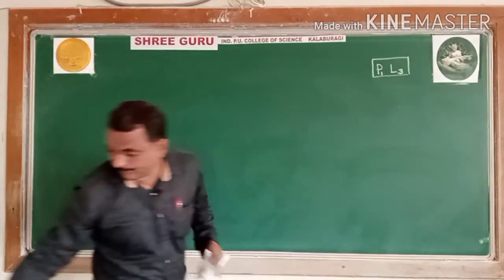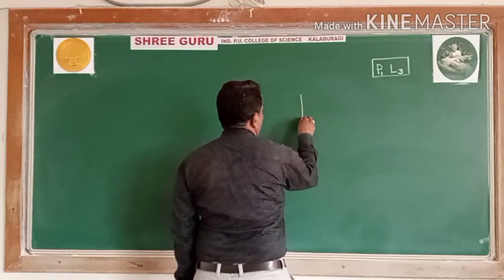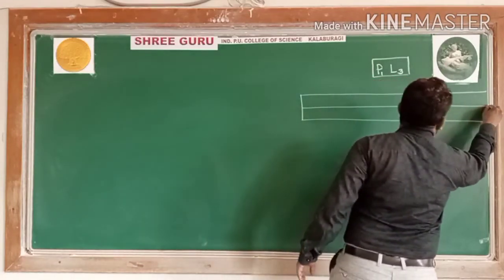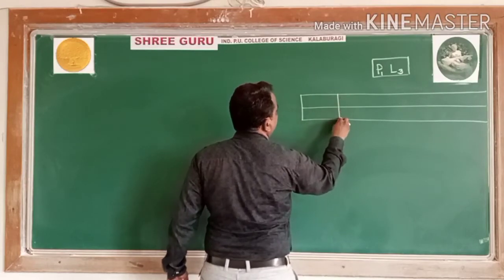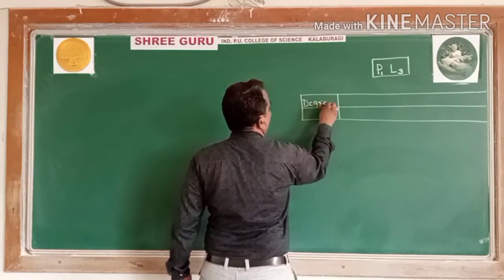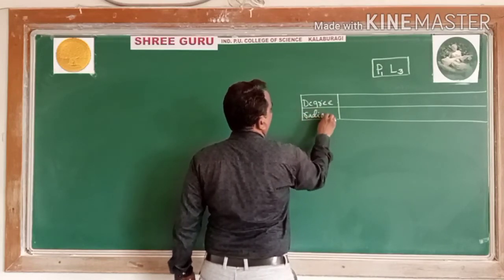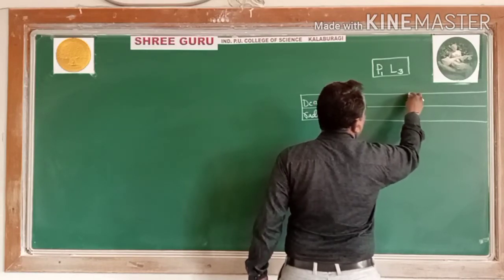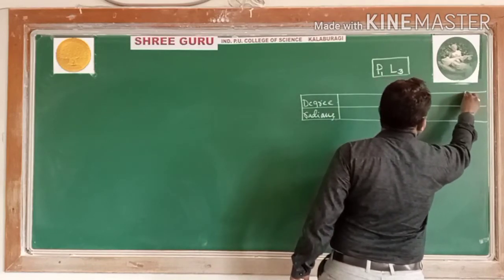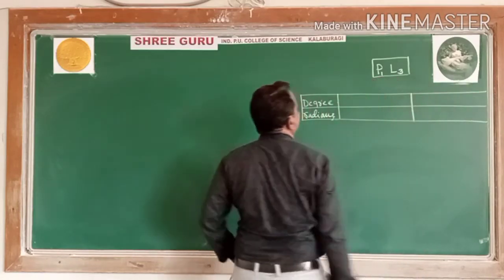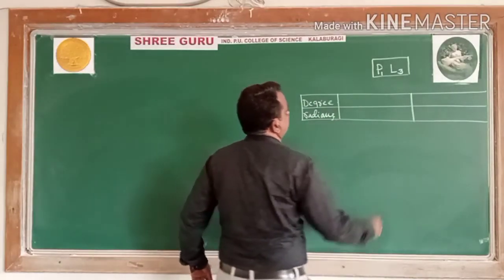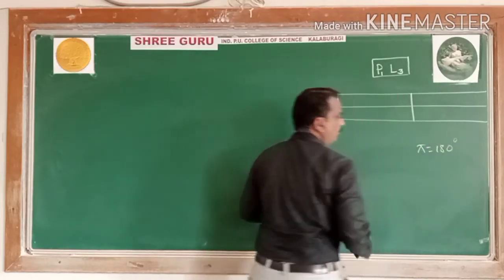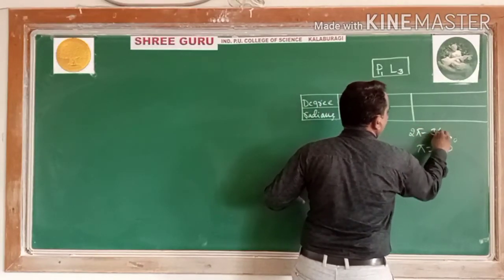Yes, students, you can make a table of some common angles, in radians and degrees. First, pi is 180 degrees, you know very well. 2 pi is 360 degrees.